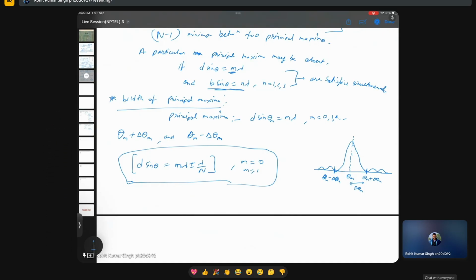Now what is the angle for these minimas? Theta is basically here theta m plus minus delta theta m, right? This is the angle, so let's put it here. Please let me know if you don't understand anything, I can explain again, okay?